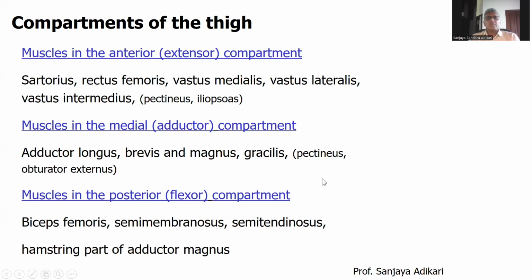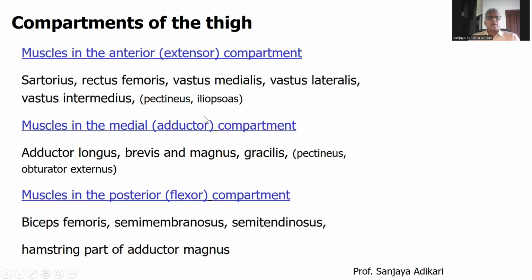When it comes to its nerve supply also, in some people it gets nerve supply from the femoral nerve, and in some people it gets nerve supply from the obturator nerve. So it is included in both compartments here and there.